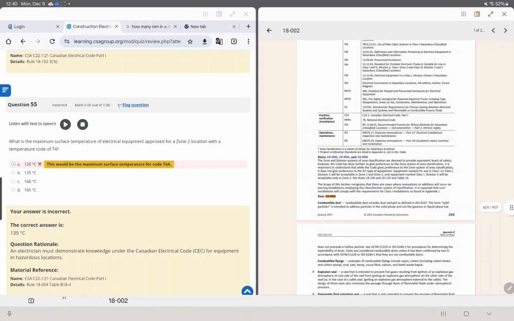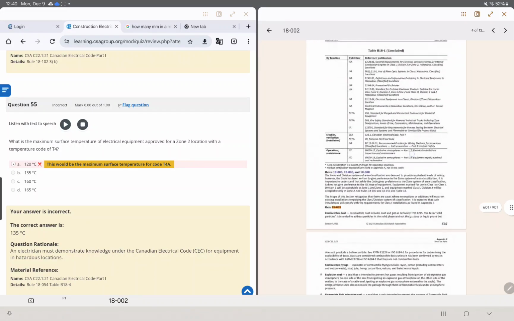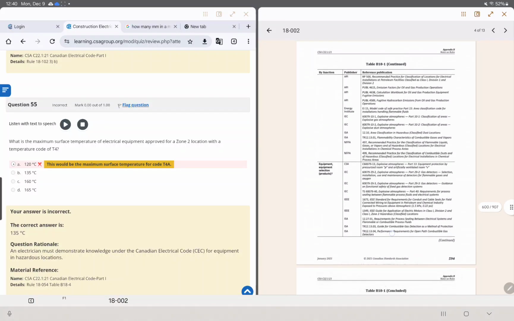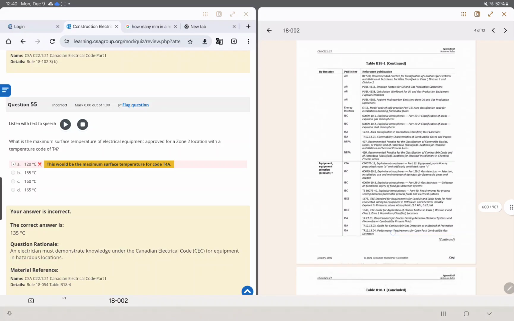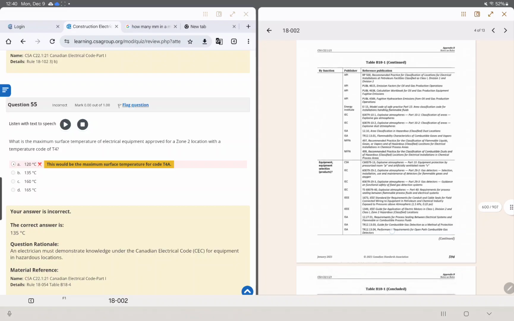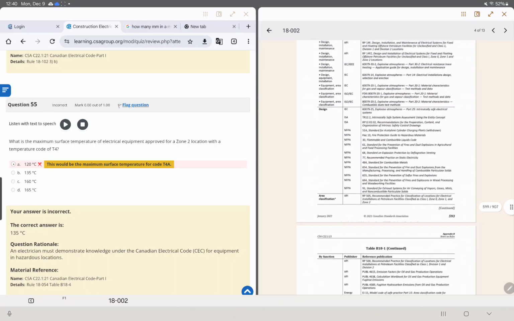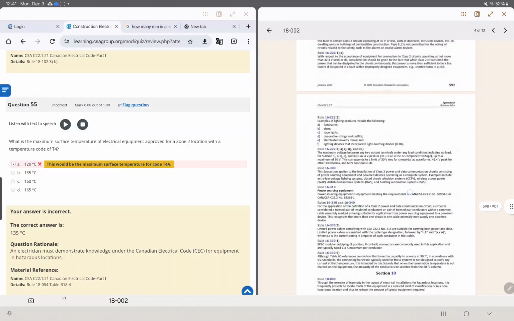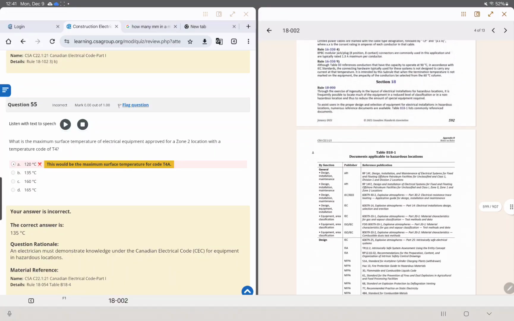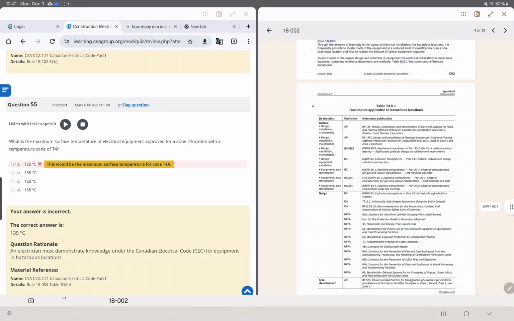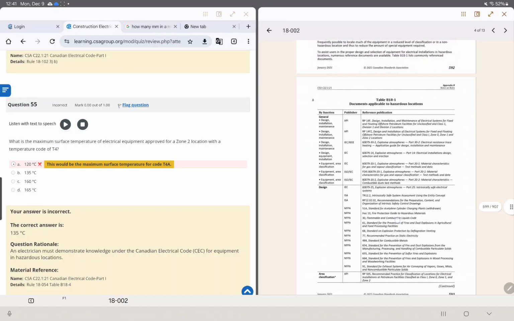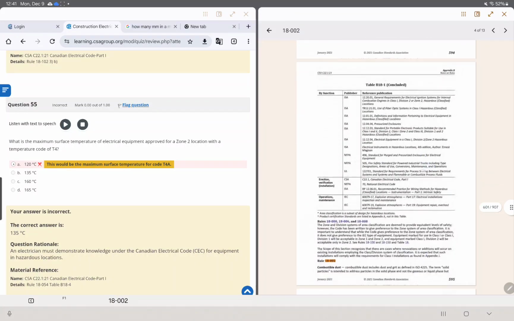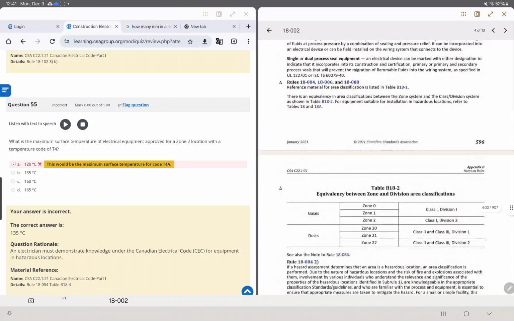So we're at 18-002, and fortunately it brought us to Appendix B, which is where the answer is located. We're at the start of section 18, and now we're looking for temperature of electrical equipment. So just scrolling.